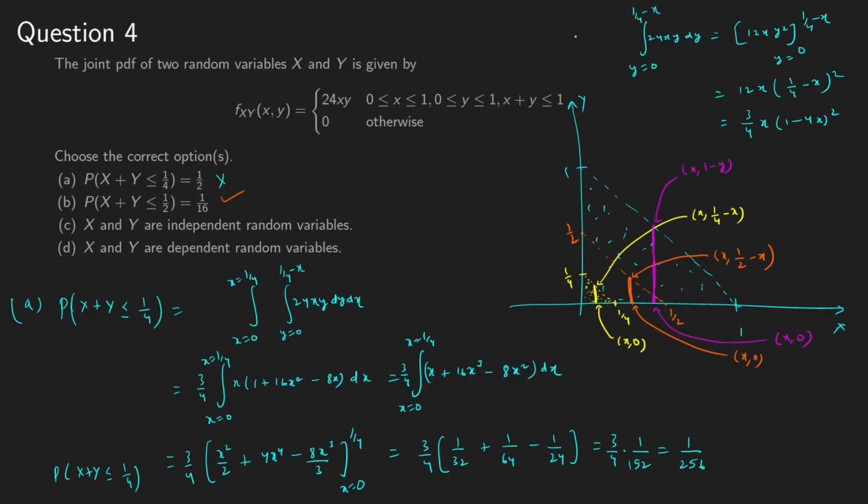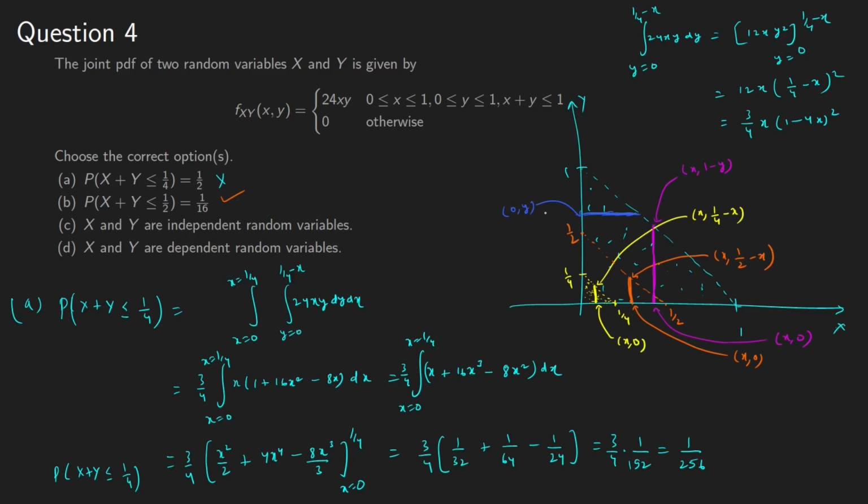Now we need to find the marginal PDF of y. In the case of the marginal PDF of y, we will integrate only along this horizontal strip. We can consider this a very small strip, and at this point the coordinate will be x equals 0 and y equals some arbitrary y.